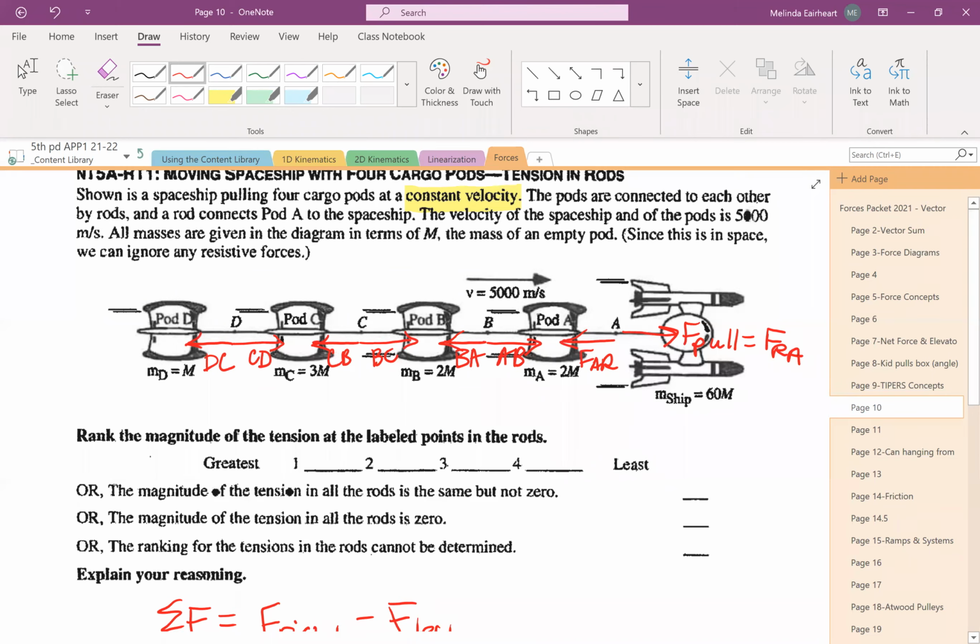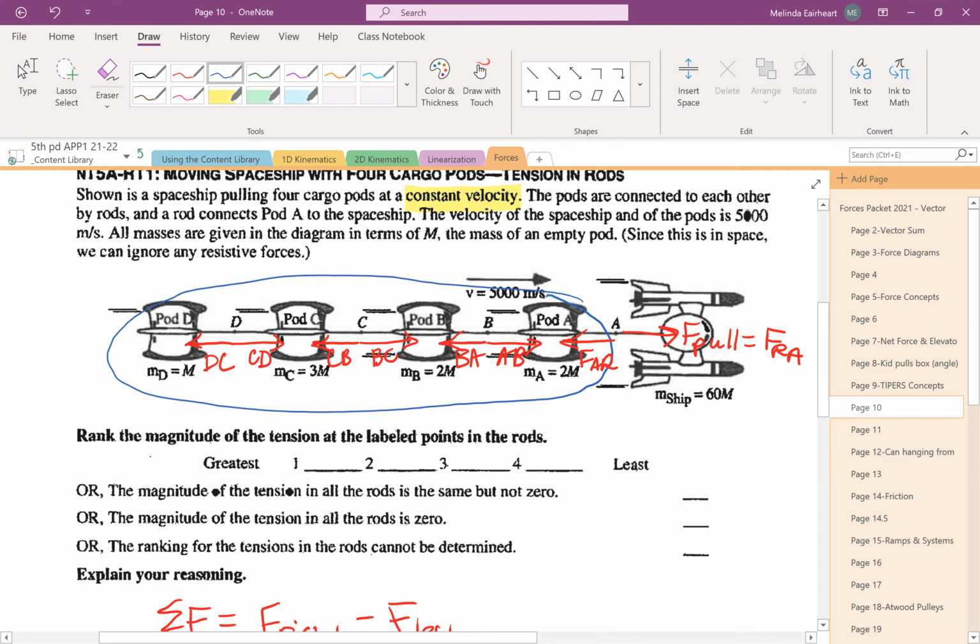At the end of the day, though, this is a system, yes? And so as a system, rod A is pulling which pods? A is pulling 4 pods, right? How many pods is B pulling? 3.